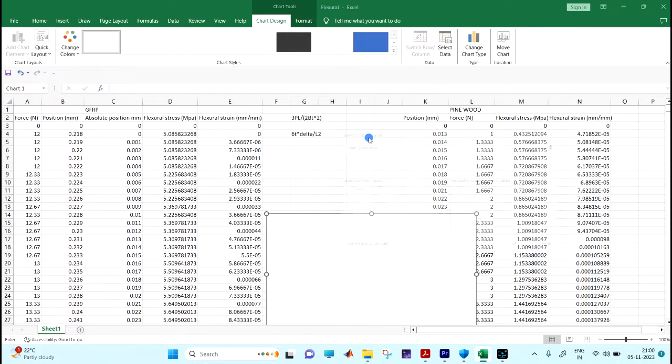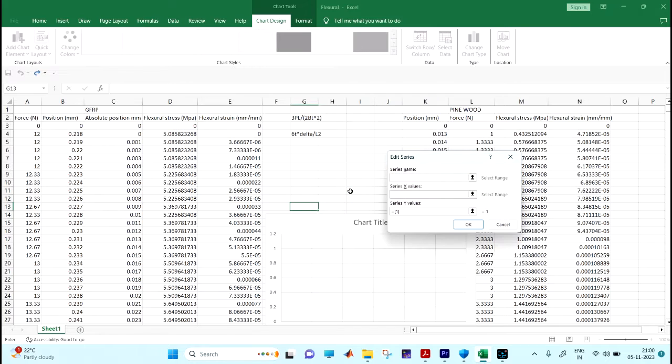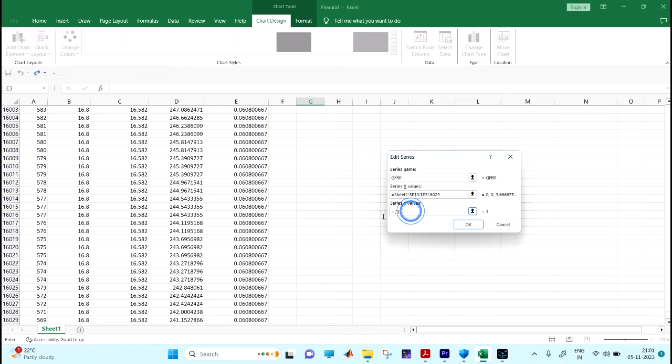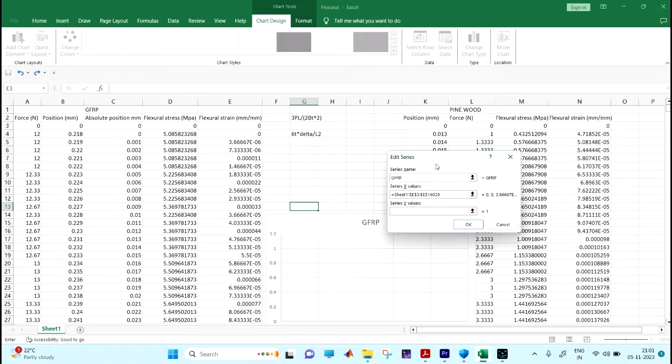Now we are going to select data. In select data, add GFRP, glass fiber reinforced, in X. We are going for flexural strain, and in the Y we are going for the flexural stress.